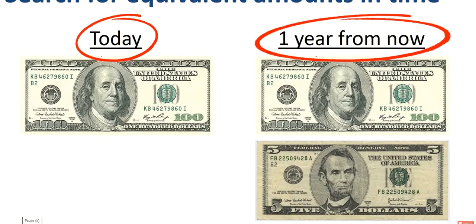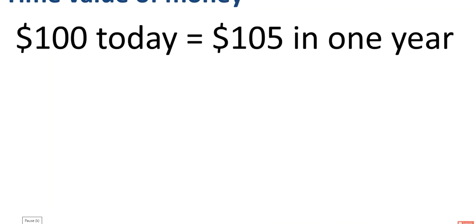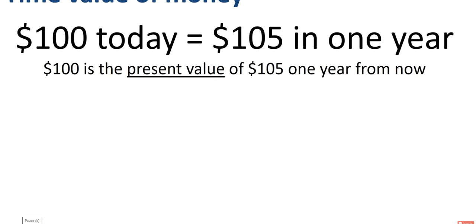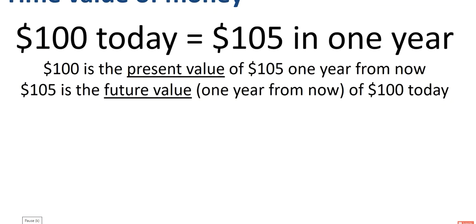If that's the case, then we have just found the equivalent amounts in time and identified the time value of money for you. The time value that we found for you in this example is that $100 today equals $105 in 1 year. $100 is the present value of $105 1 year from now. $105 is the future value 1 year from now of $100 today.